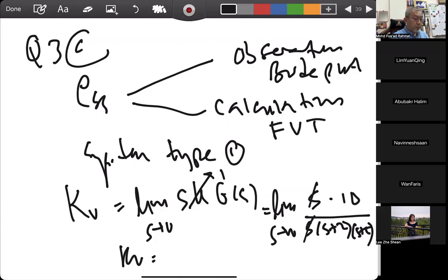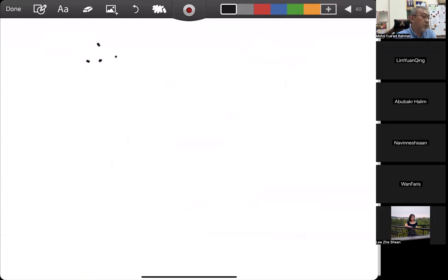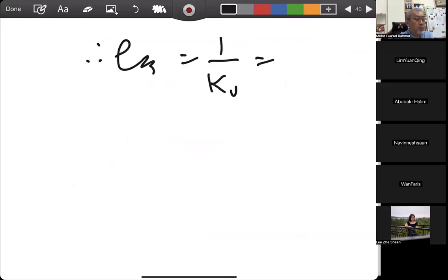Cancel 10 with 10, so Kv equal to 1. So therefore the steady state error is 1 over Kv, equal to 1.